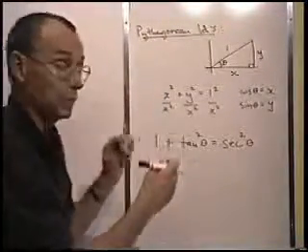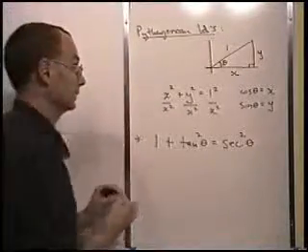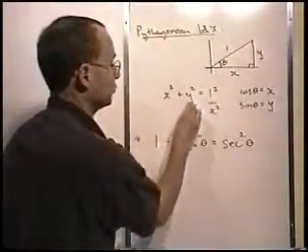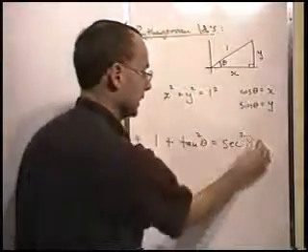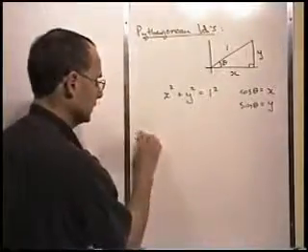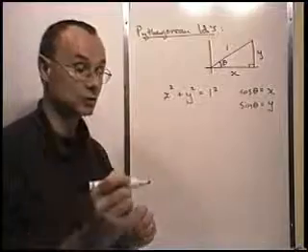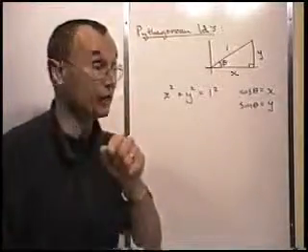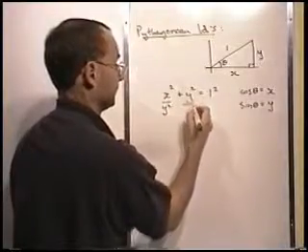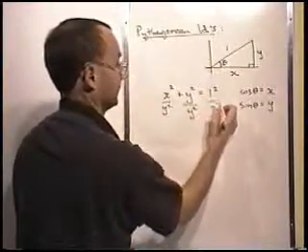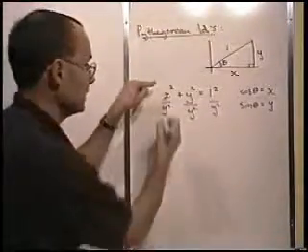Now, there's one more of the Pythagorean identities that we can glean from this triangle. Let's just go back to our x squared plus y squared equals 1, or 1 squared if you like. And we're going to now divide everything not by x squared, but, and I hear you saying it, y squared. So now what do we have? Well, let's see. We got x over y all squared.